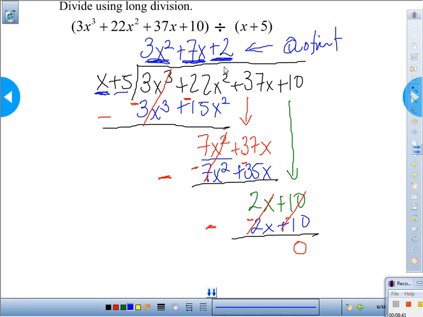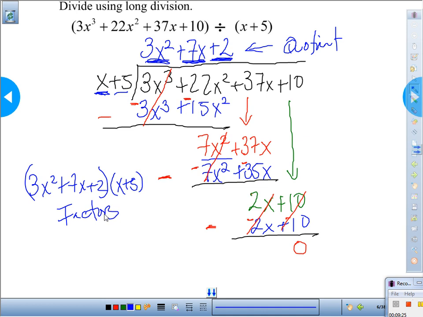All right? Now, check this out. What did we come up with? We came up with 2 factors. Look up. Here's my first factor, 3x squared plus 7x plus 2. If I multiply that times x plus 5, guess what it's going to give me? What we started with. That's why these are factors. Is it completely factored? No. We can still factor this one, but they're not asking us to do that.